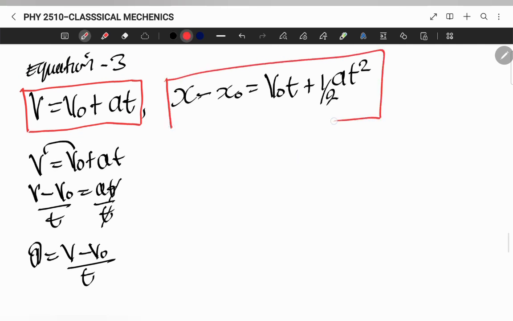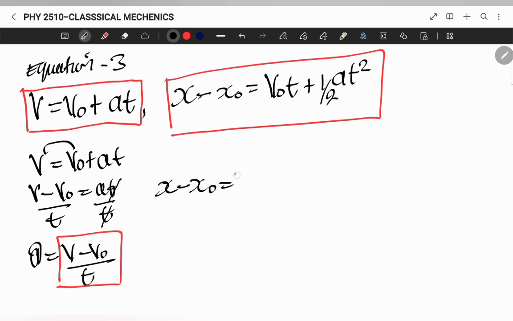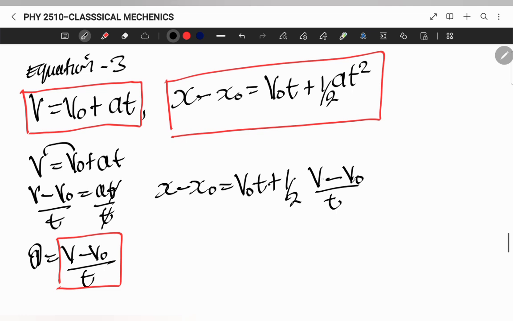Now we come to the second equation. Where there is acceleration, we'll replace it with this expression. So x minus x naught equals v naught t plus, where there is acceleration, I'll put v minus v naught over t, then that is times t squared.